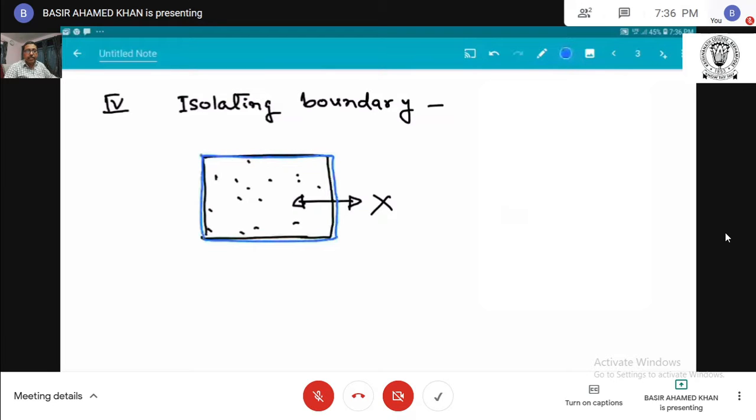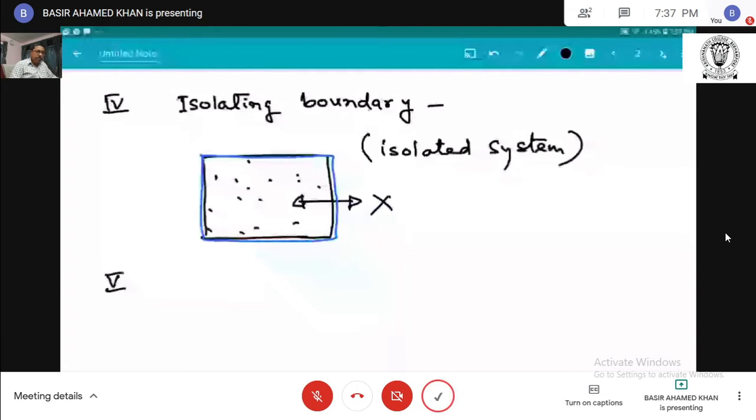And isolated system, sorry, isolated system: a system which is bounded by an isolating boundary is called an isolated system. That means a system bounded by an isolating boundary is an isolated system.